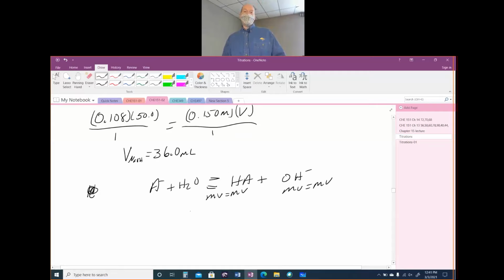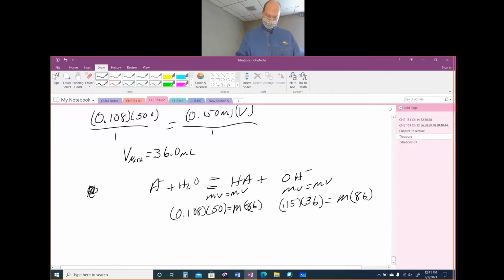All right, so our acid, 0.108. We use 50 mLs. We now know that it required 36 mLs to reach the endpoint, so now our total volume is 86. Our OH minus, the molarity, 0.15. To reach the endpoint, it took 36 milliliters. What is the molarity now that we are at 86 milliliters?